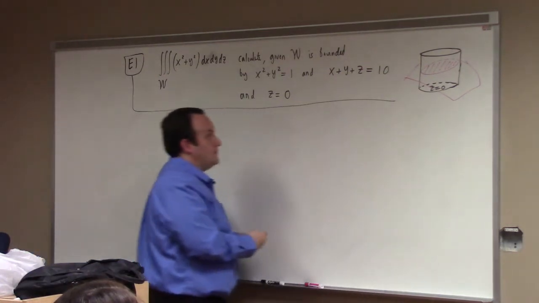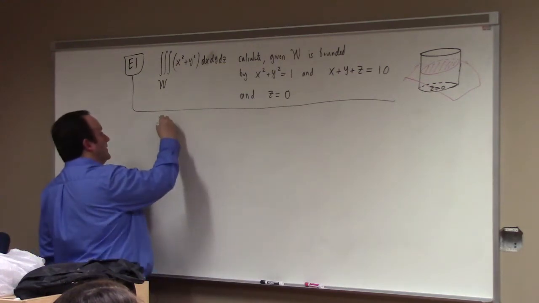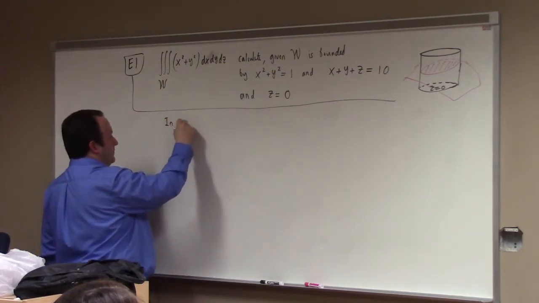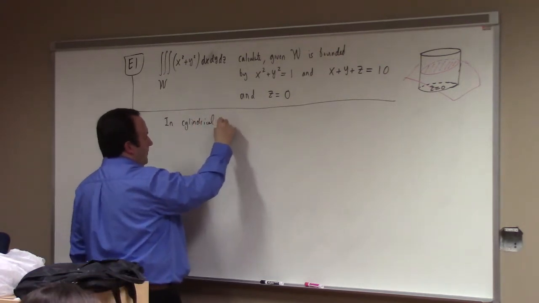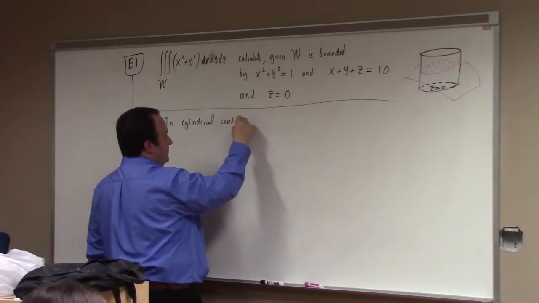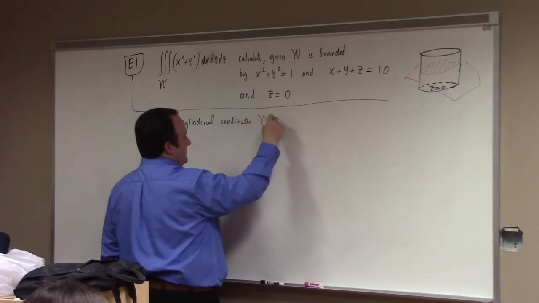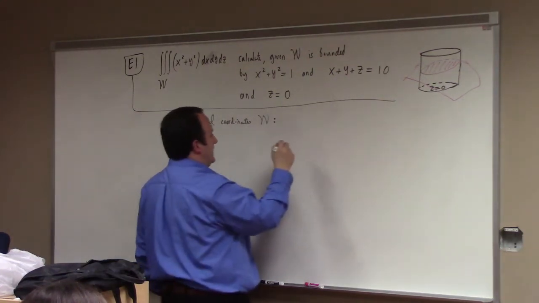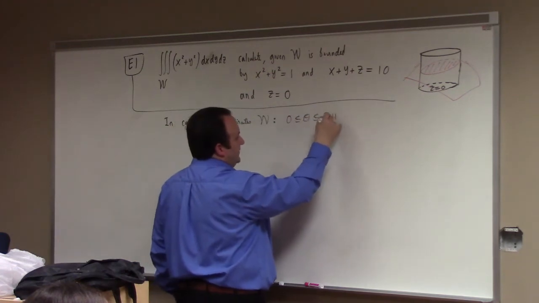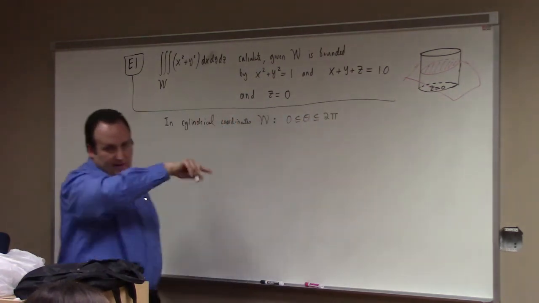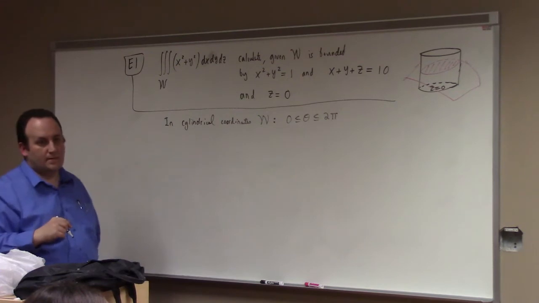So in cylindrical coordinates, we can see that W is described how? It's described by 0 less than or equal to theta less than or equal to 2 pi, right? We sweep all the way around in this region.